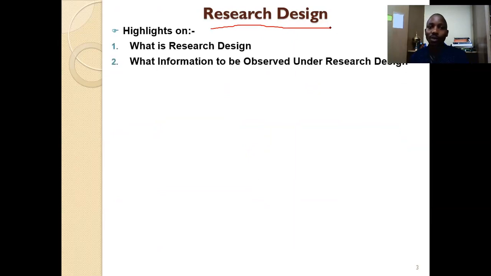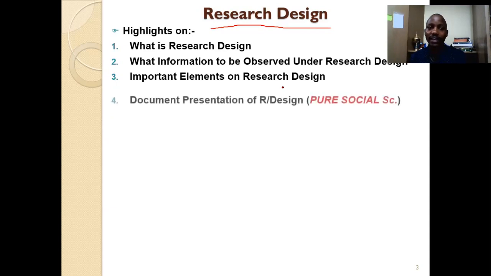In today's presentation, we are going to highlight some important issues, particularly what a research design is, what information should be observed under the research design, and what important elements a researcher should consider to be documented in a Word document, or whatever kind of information should appear on the so-called research design.